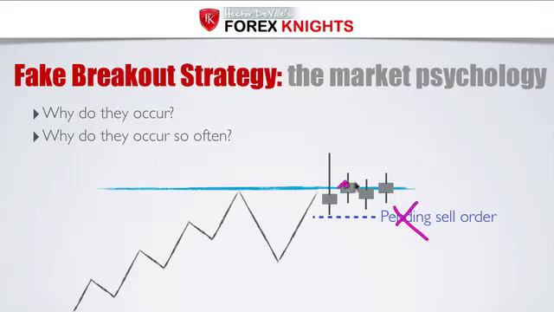If price simply flatlines around breakout levels, you know what? I'm out of here. I don't want to trade that fake breakout because that's not a fake breakout anymore. Now, that's just a hesitation breakout, and that's not the kind of stuff we are trading here, all right?